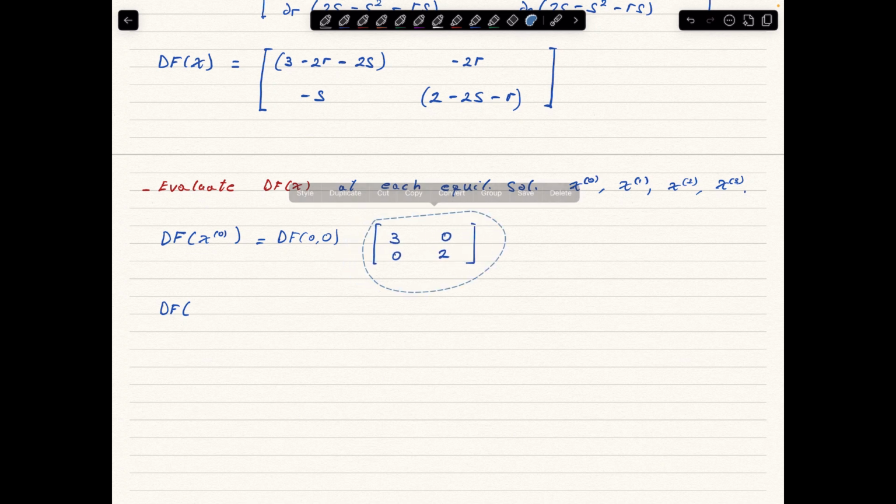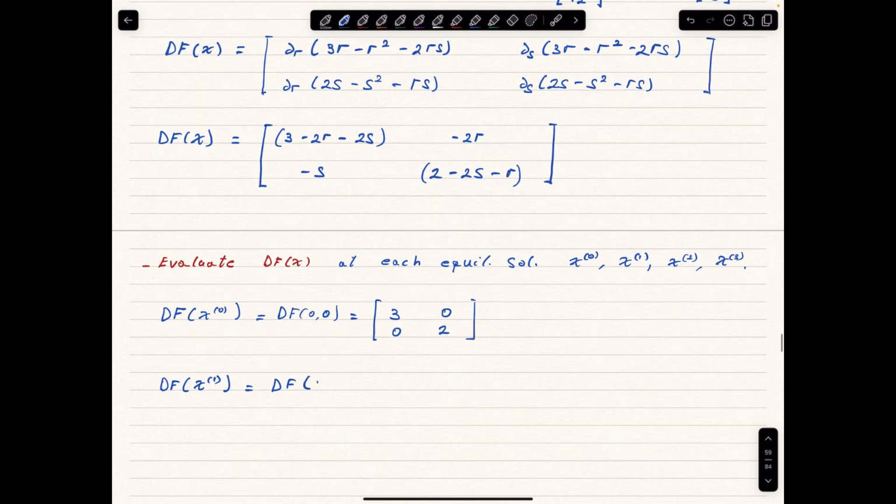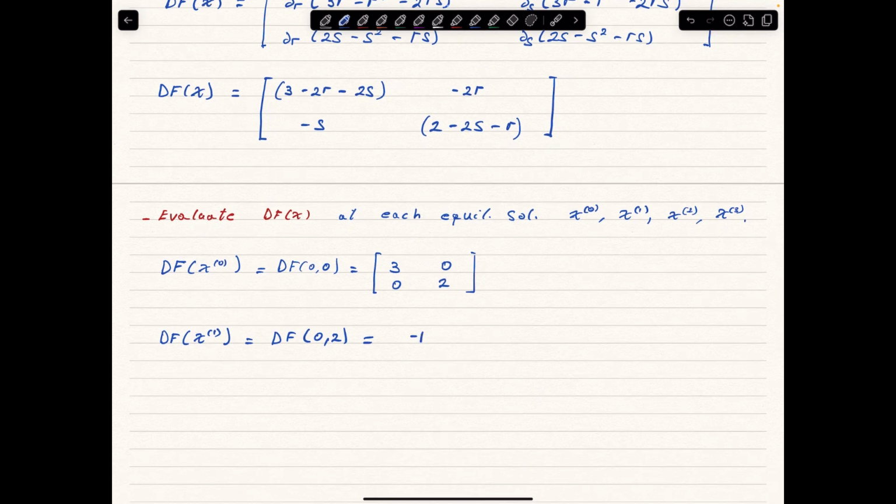Now the derivative matrix at the point x1, which is the derivative matrix at, where did we say it is? 0, 2. And what we are going to get, if you do the calculation, is negative 1, 0, negative 2, negative 2. So check that this is the case.